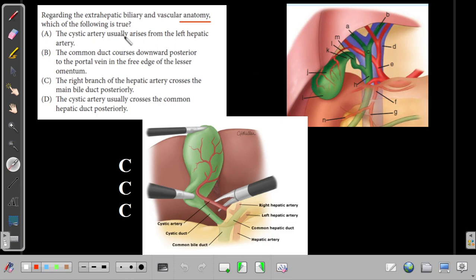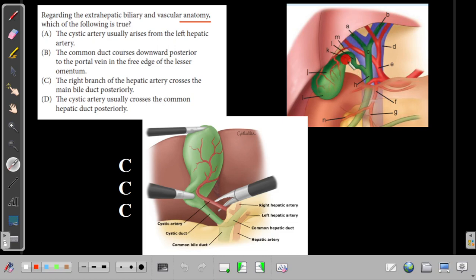But the true statement here is C. This will be untrue. The cystic artery usually crosses the common hepatic duct posteriorly. This is untrue. Cystic artery بيطلع من right hepatic artery في callow triangle عشان يروح عند neck of the gallbladder.